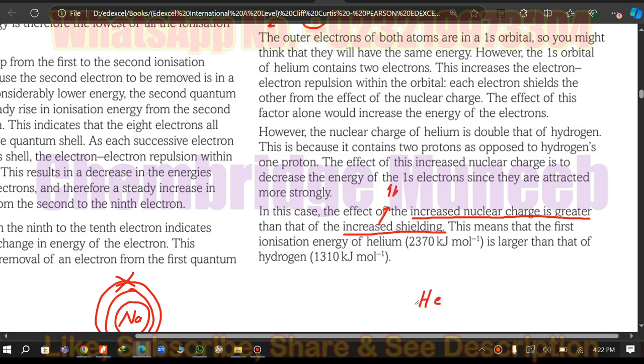Helium has two protons in the nucleus and there is some repulsion between its electron pair, but the increased nuclear charge had a dominant effect compared to the increased shielding. That's why the ionization energy increases from left to right. What is the effect of the increased nuclear charge on the ionization energy? It increases. Why does it increase?